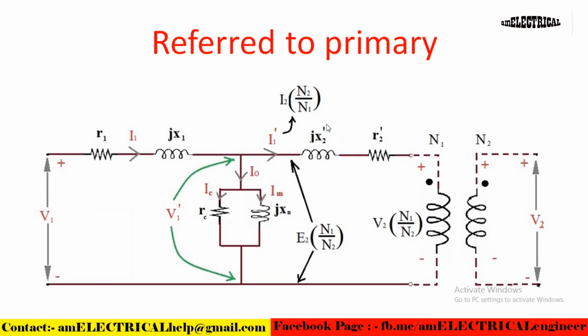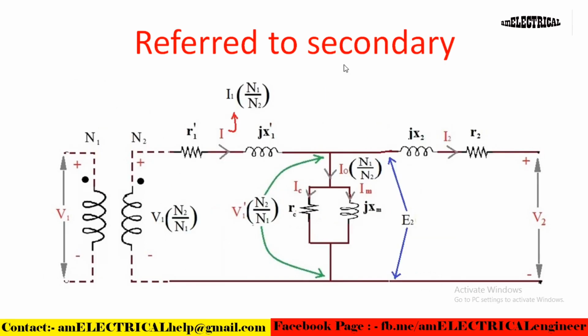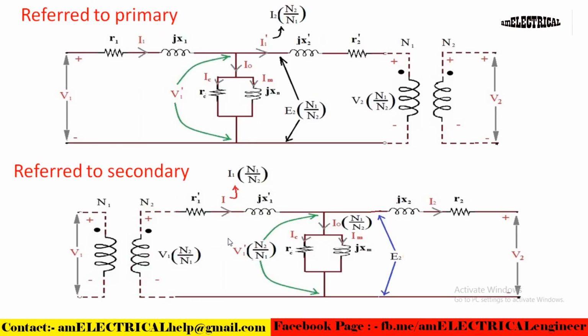Now if we refer all the values to the secondary side, then you can see here that the secondary parameters are fixed, and we are transferring only the primary winding parameters to the secondary side. Now, in case of new referred values, the primary voltage V1 will be multiplied by N2 divided by N1 or K, just the reverse case of previous discussion.